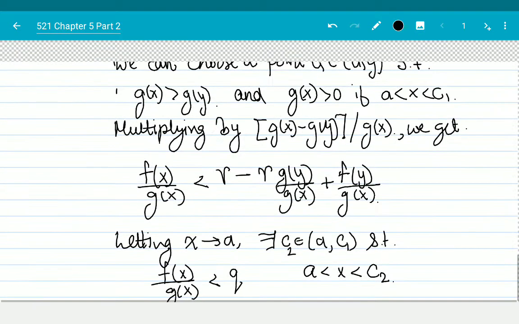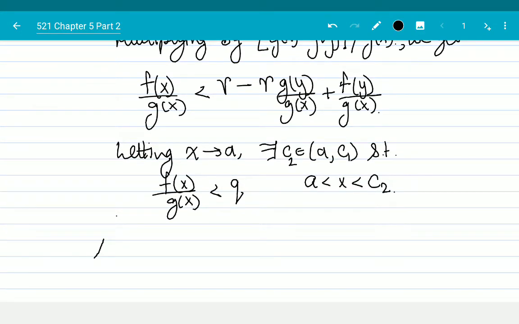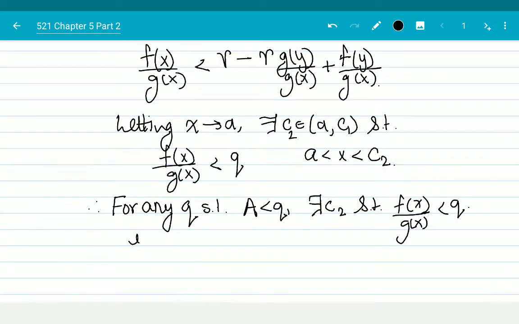Therefore, in either case, for any q such that a smaller than q, I have that there exists c2 such that f of x over g of x is smaller than q if a smaller than x smaller than c2, right?